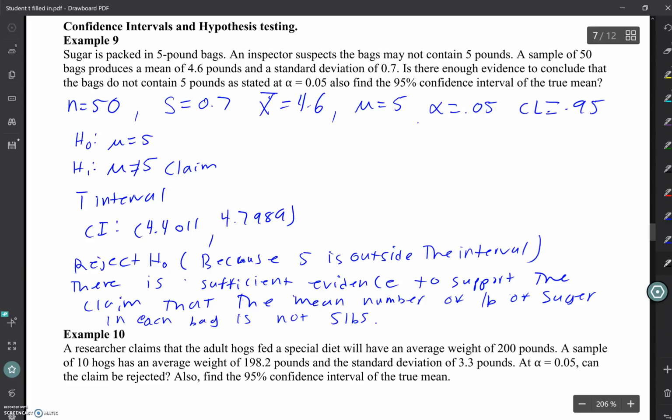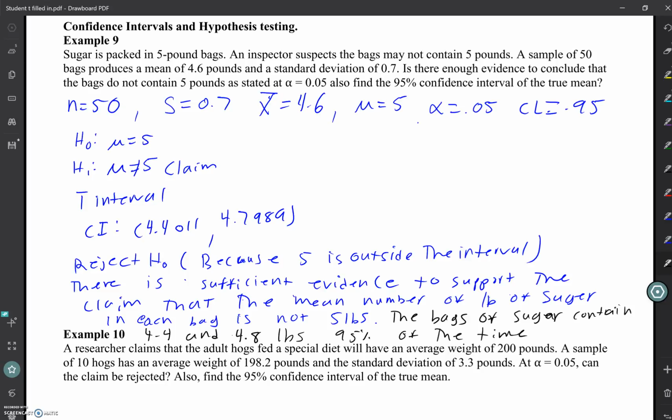We can add that in as a separate comment that the bags of sugar contain 4.4, and if I'm rounding, 4.8 pounds, 95% of the time. At least that's what our interval is telling us based on our sample.